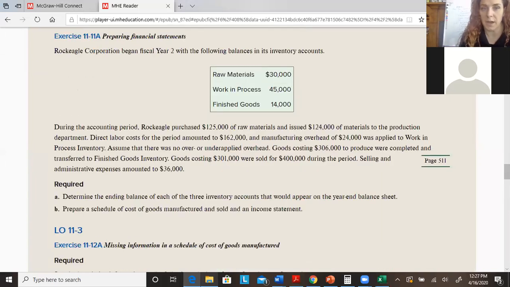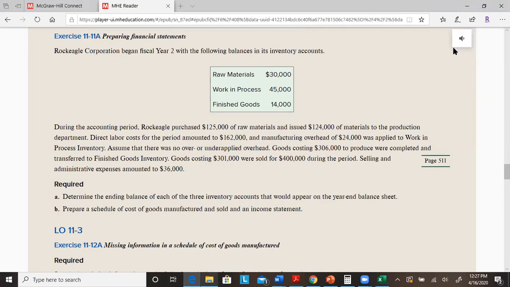Okay, so let's look at exercise 1111. What we're going to do here is it gives you the beginning balance for each of your 3 inventory amounts.